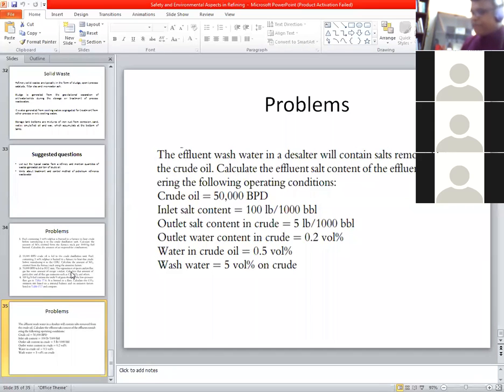Midterm will be based on 4 chapters. That is hydroprocessing, please note down again, hydroprocessing, that is hydrotreating or hydrocracking. Very important chapter, that one. And fluidized catalytic cracking, alkylation, and the environmental one, also a very important chapter.